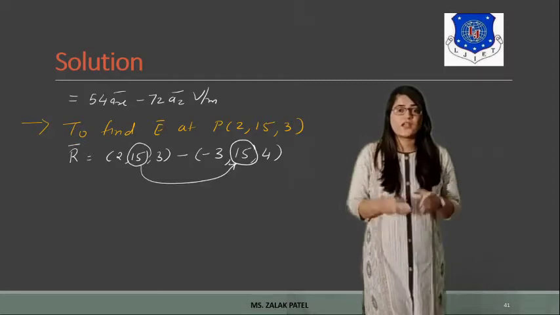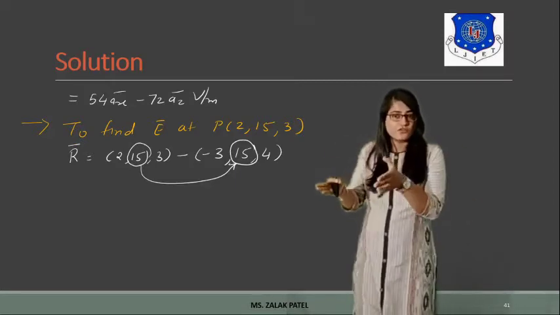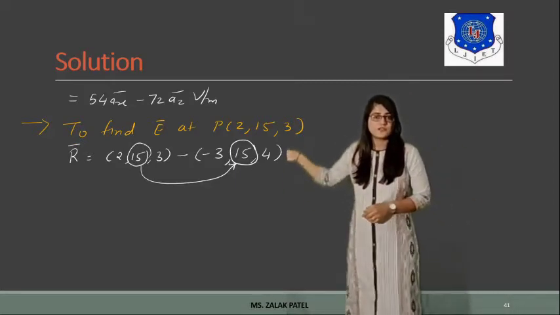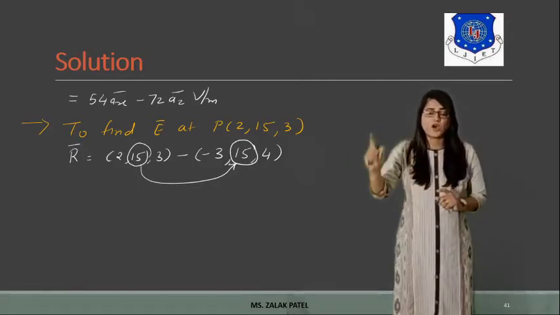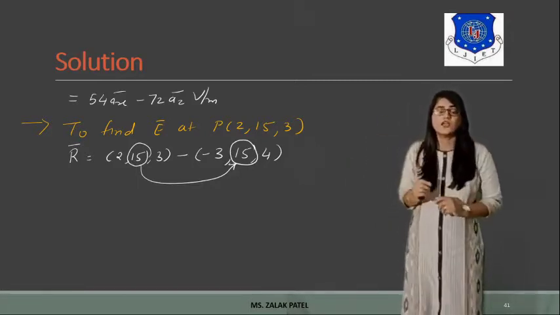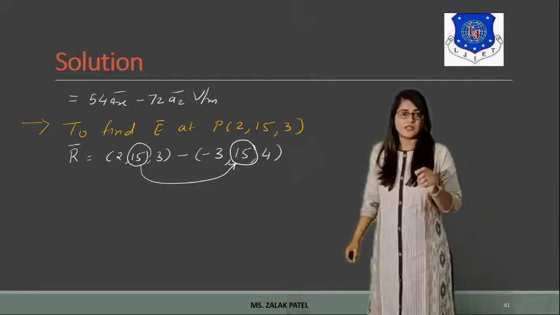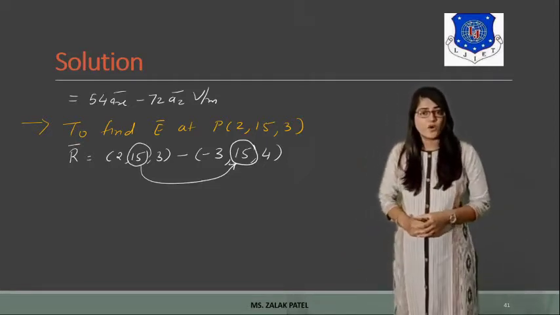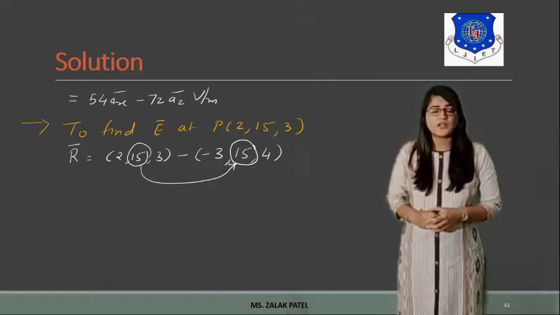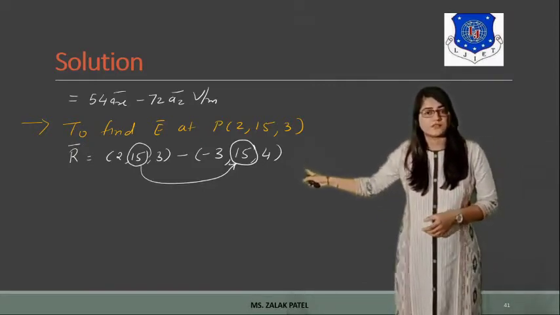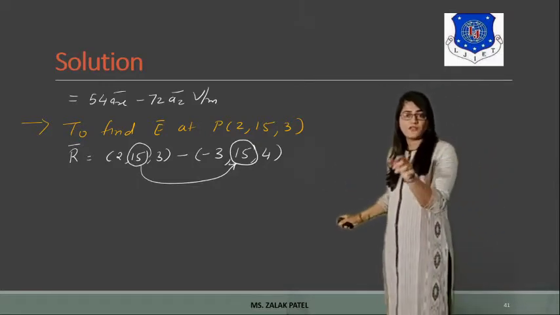The charge is located at x equal to minus 3 and z equal to 4. So x equal to minus 3 and z equal to 4 are kept as they are, and whatever coordinate is missing, you take from the desired point. Here the y coordinate is missing, so it is taken from the desired point (2, 15, 3). In that the y coordinate is 15, so it is kept as it is: minus 3, 15 and 4.